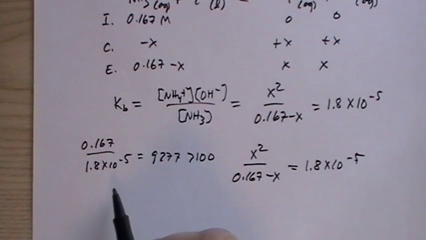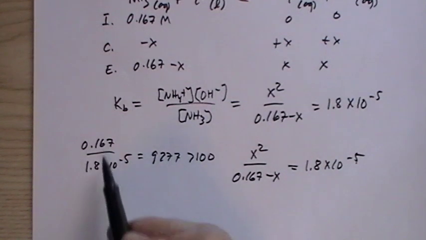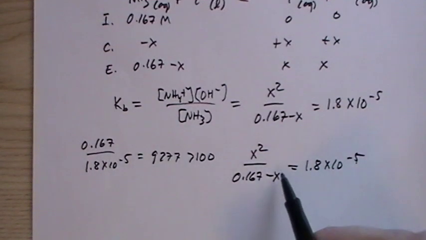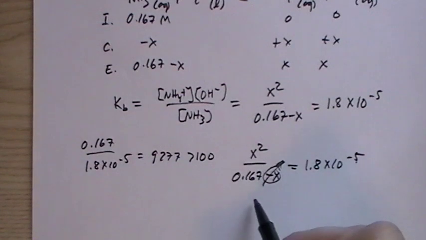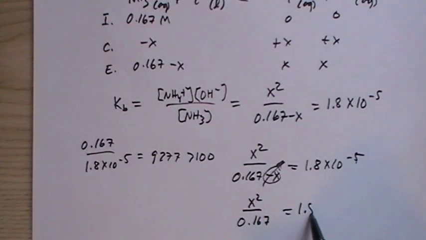The math tells us that if this approximation does hold, or this ratio holds, then if we get rid of the x, we are definitely going to have an answer that is less than 5% off. And because it's such a large number here, it's going to be probably much less than 1% off.